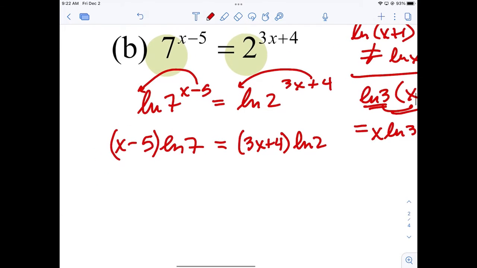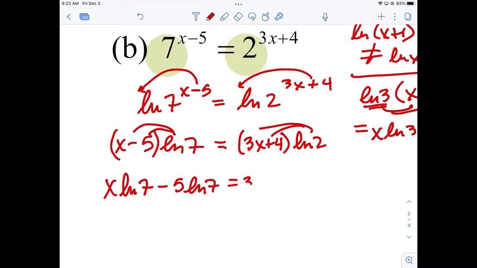Okay, so that's what I'm doing here. I'm distributing the natural log of 7 into x minus 5. It's not the natural log of x minus 5. So it becomes x natural log of 7 minus 5 natural log of 7. And by the way, we're distributing because we gotta liberate the x's. They're trapped inside now. We distribute here, we get 3x ln of 2 plus 4 ln of 2.